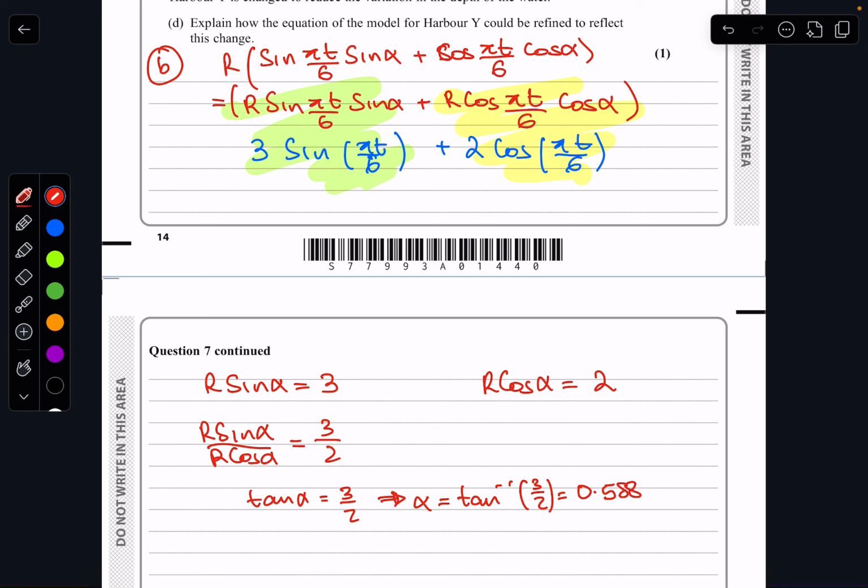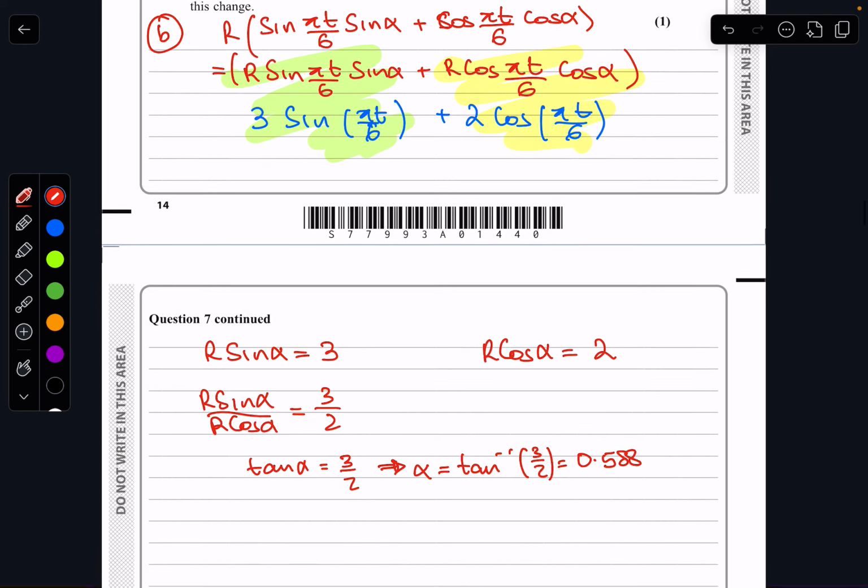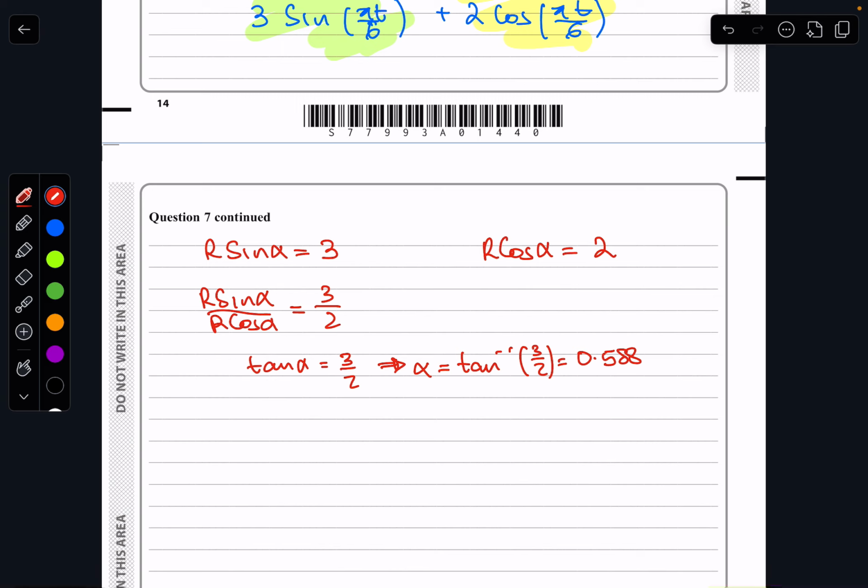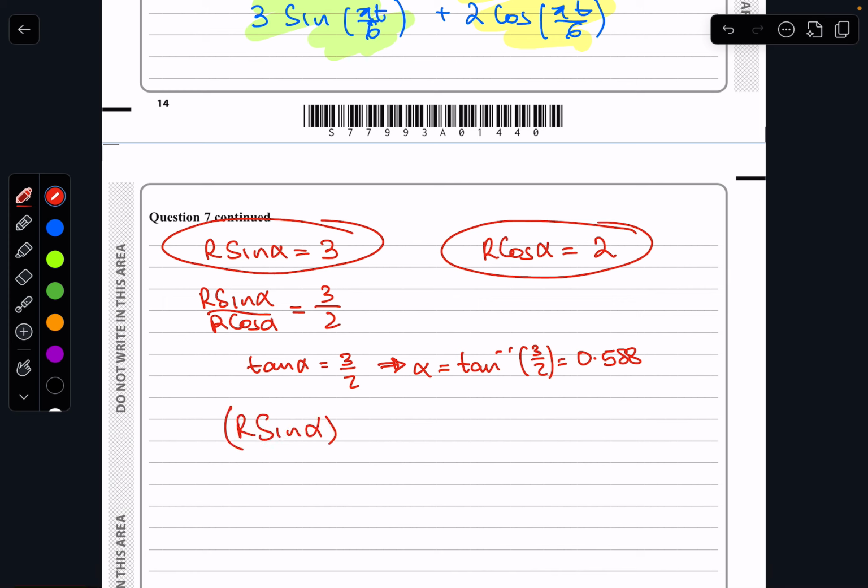And to find the value of our r, that's simply by squaring the values. So if you combine them together and square them, that becomes r sine alpha all squared plus r cos alpha all squared, which is 3 squared plus 2 squared.